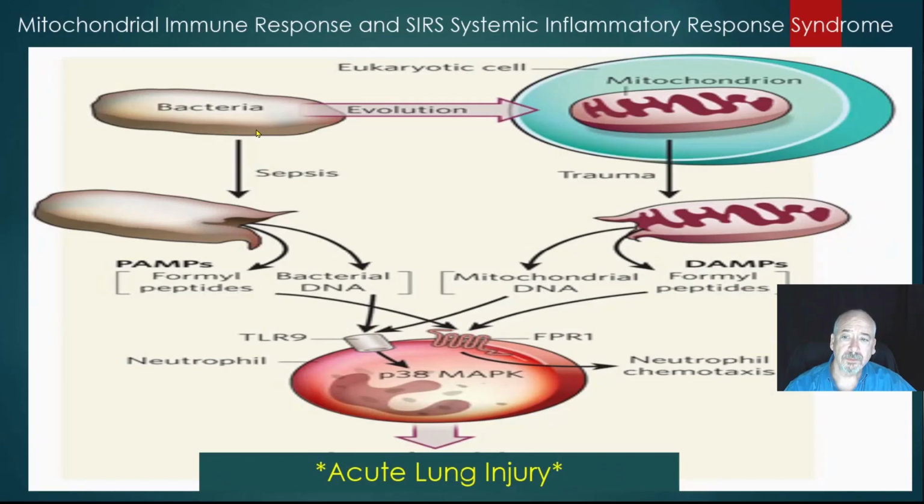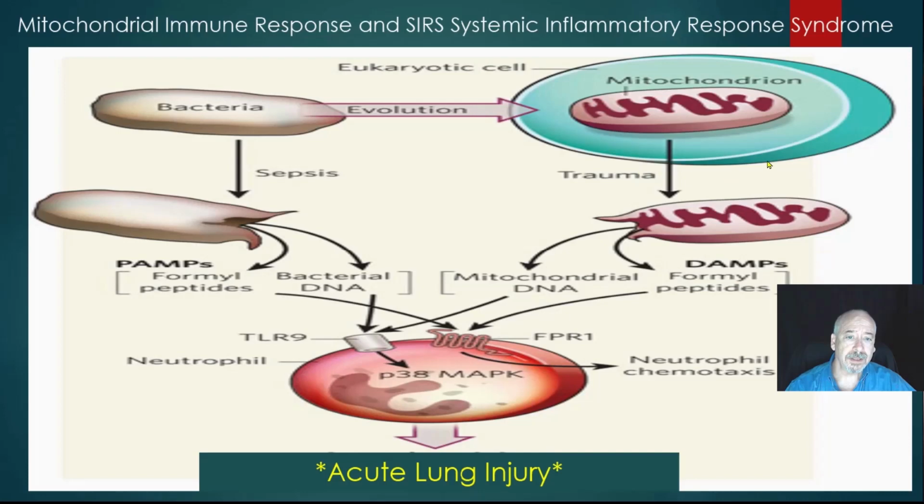The problem comes in that from an evolutionary standpoint, the mitochondria derives from a bacteria. So the DNA that's being used in this particular process has the bacterial DNA footprint and looks like the DNA of a bacteria.